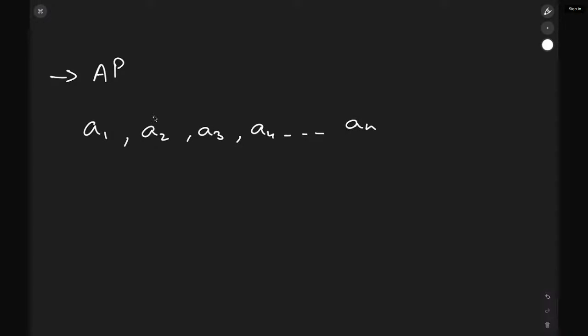Now, if you choose any two consecutive terms and find the difference between them, A3 minus A2 will always be equal to the difference between any two consecutive terms, so it will be A4 minus A3. All right. So this is the basic definition of an AP.